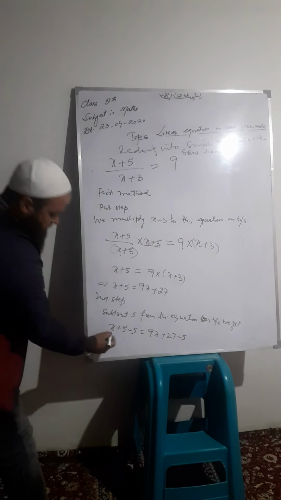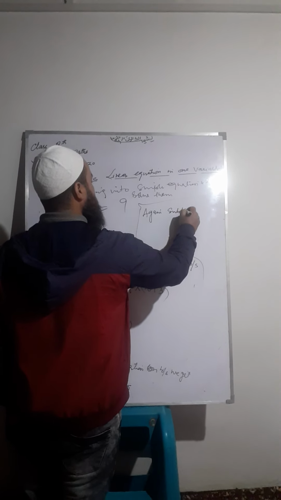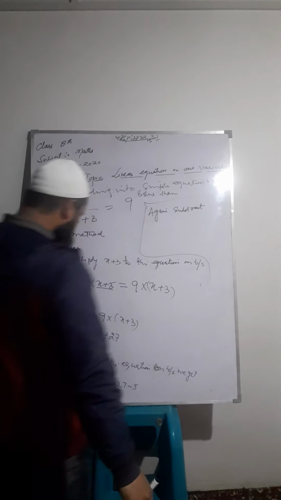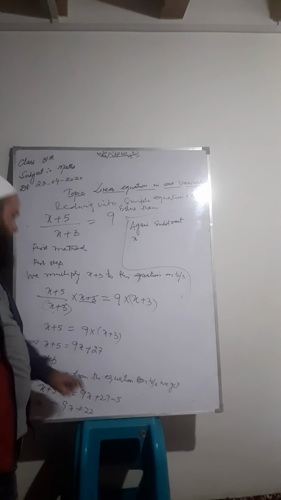Then this equation becomes x is equal to 9x plus 22. Now what will we do? Again subtract x from both sides.